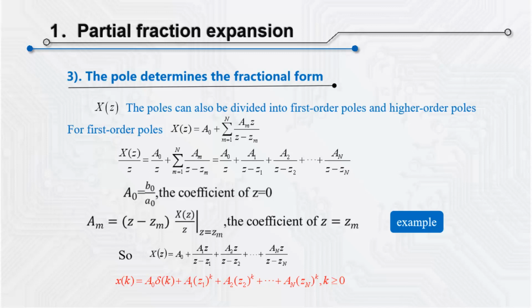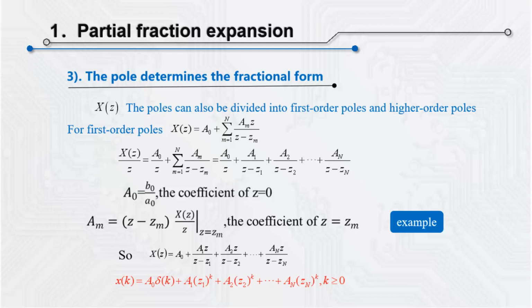Then for the solution of each expansion coefficient in this form, the method used is the same as the method of inverse Laplace transform to solve the coefficient. In other words, that's a formula. So what is the corresponding expansion coefficient Am?